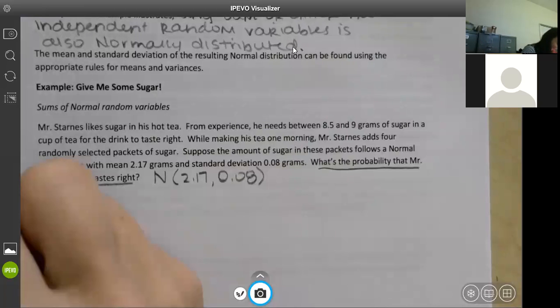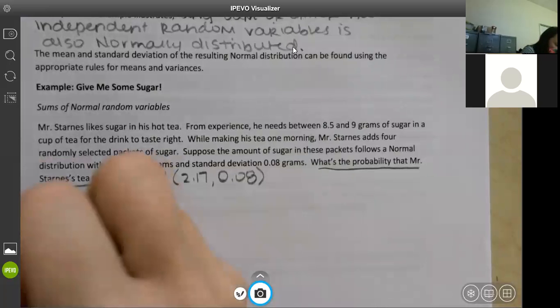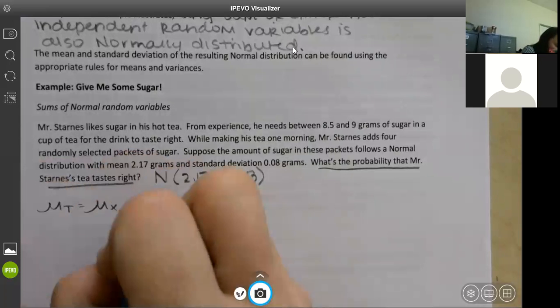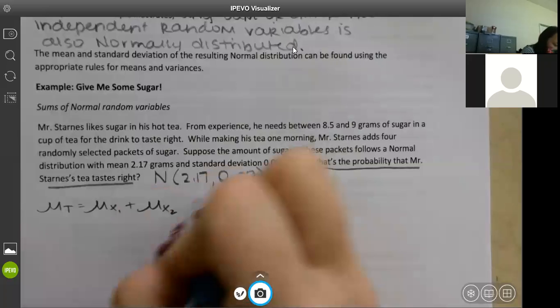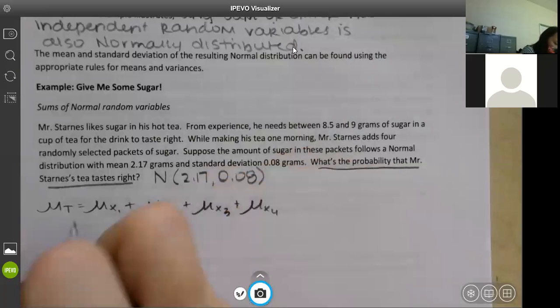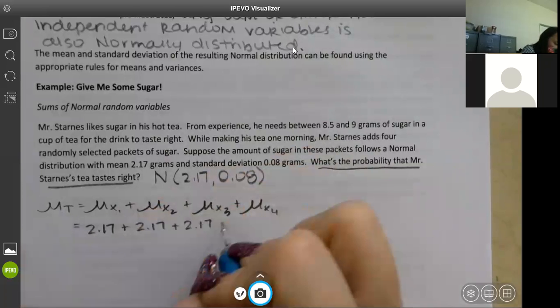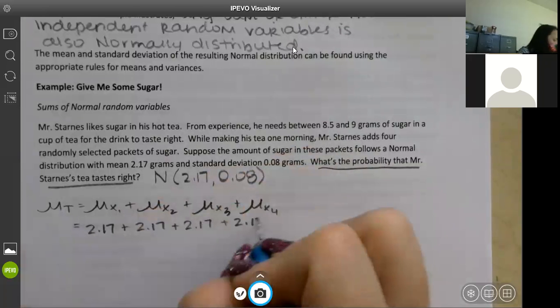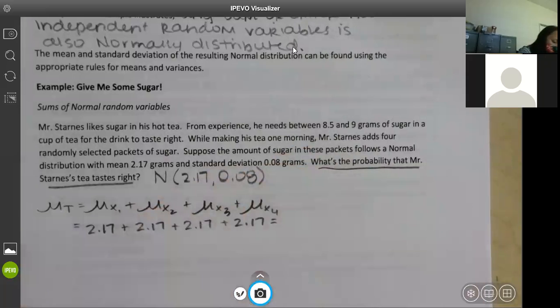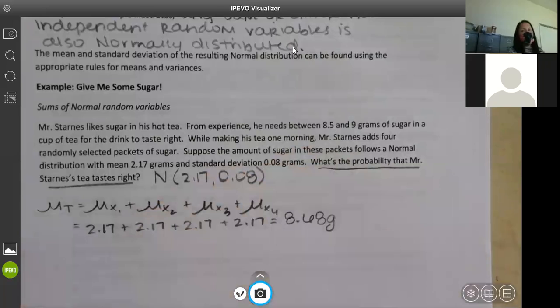Okay, so we want to find the mean of the total. We're going to do the first packet plus the second packet plus the third packet plus the fourth packet. So 2.17, 2.17, 2.17, and 2.17, which will give us a mean of 8.68 grams.